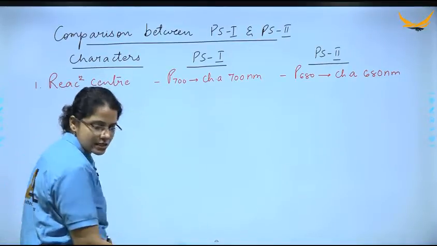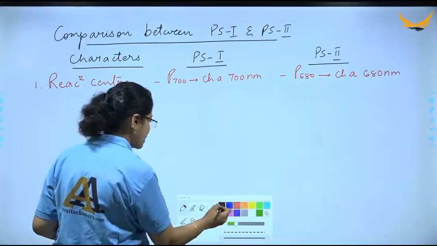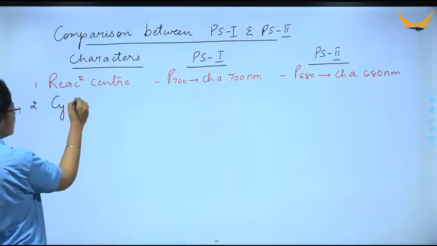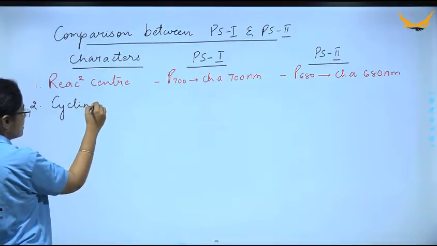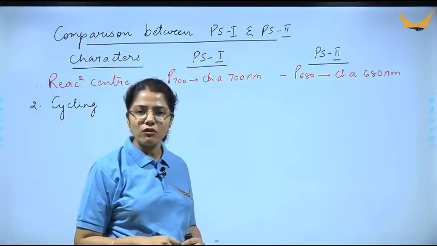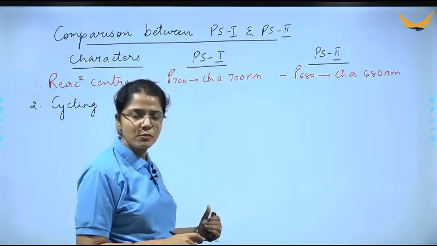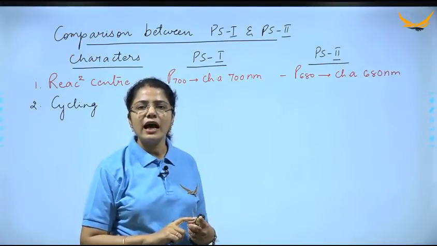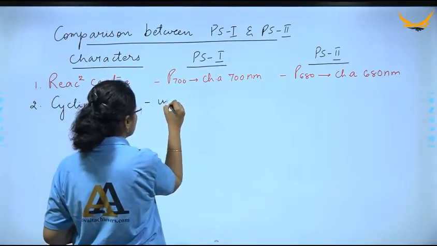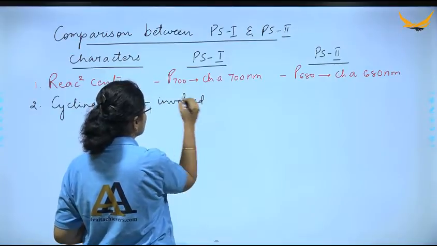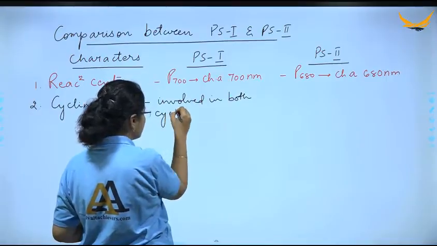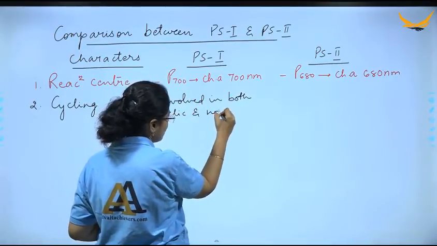Then the next point we can take is how does the cycling process work? So in case of PS1, it is involved in both. We have seen the process. It is involved in both cyclic and non-cyclic photophosphorylation.